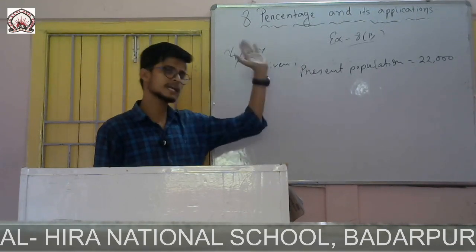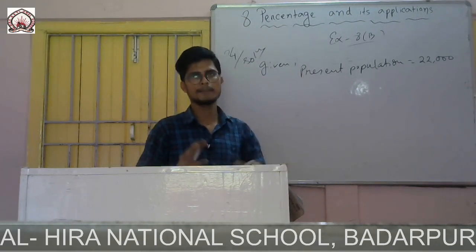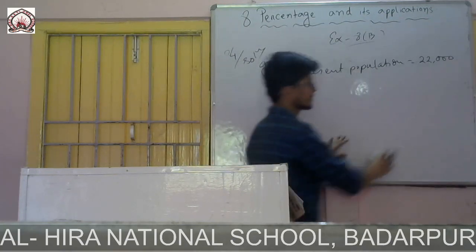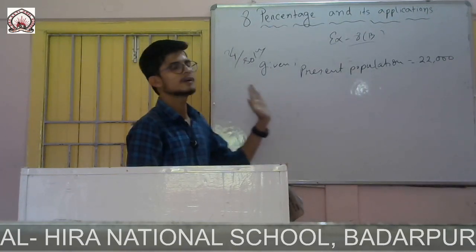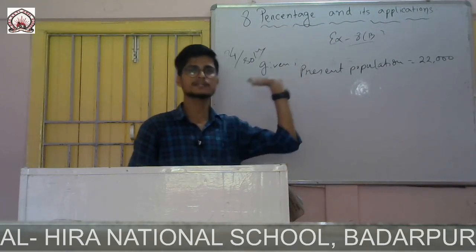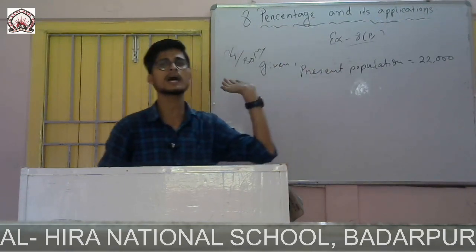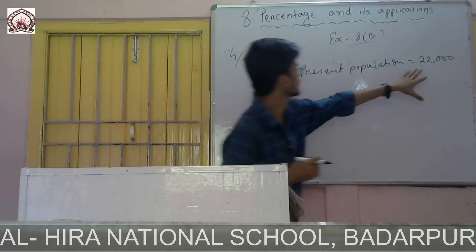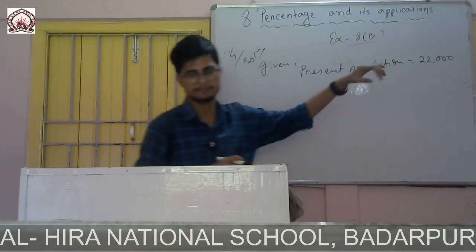That means last year it was 10% less. Every year it increased 10% and it is given the increased one. That means earlier, last year, it was 10% less than this present one. Question is to find for the last year.